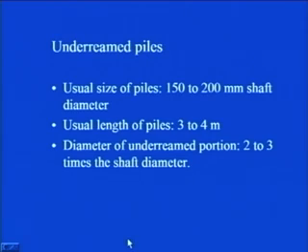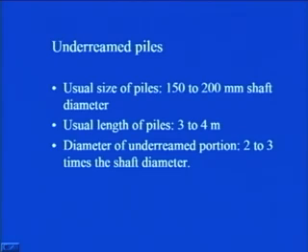Now, for these underreamed piles, the usual size is of the order of 150 to 200 millimeter shaft diameter. Usual length of piles is 3 to 4 meters. Diameter of the underream portion is 2 to 3 times the shaft diameter.